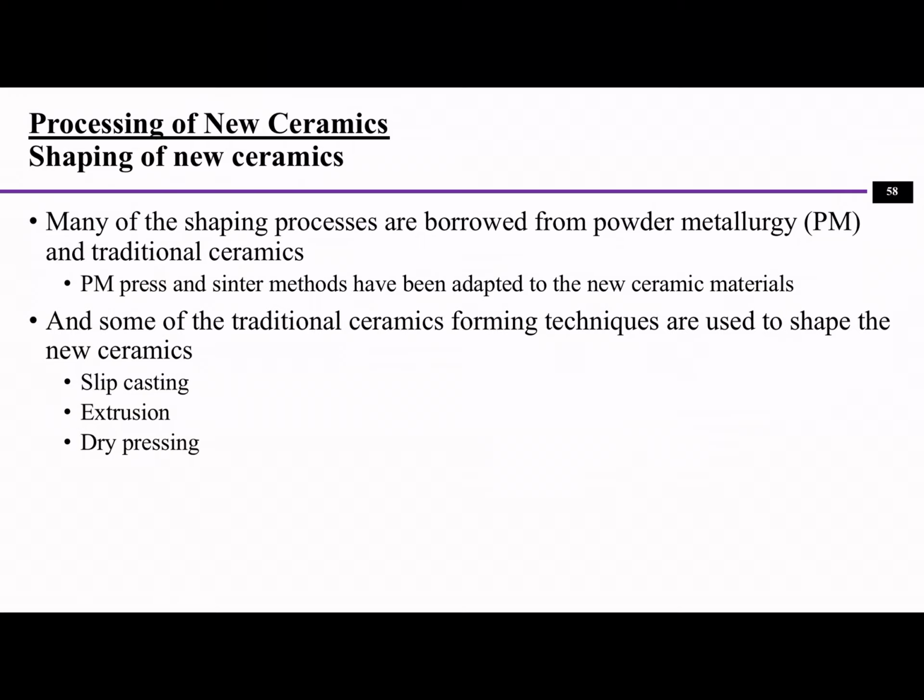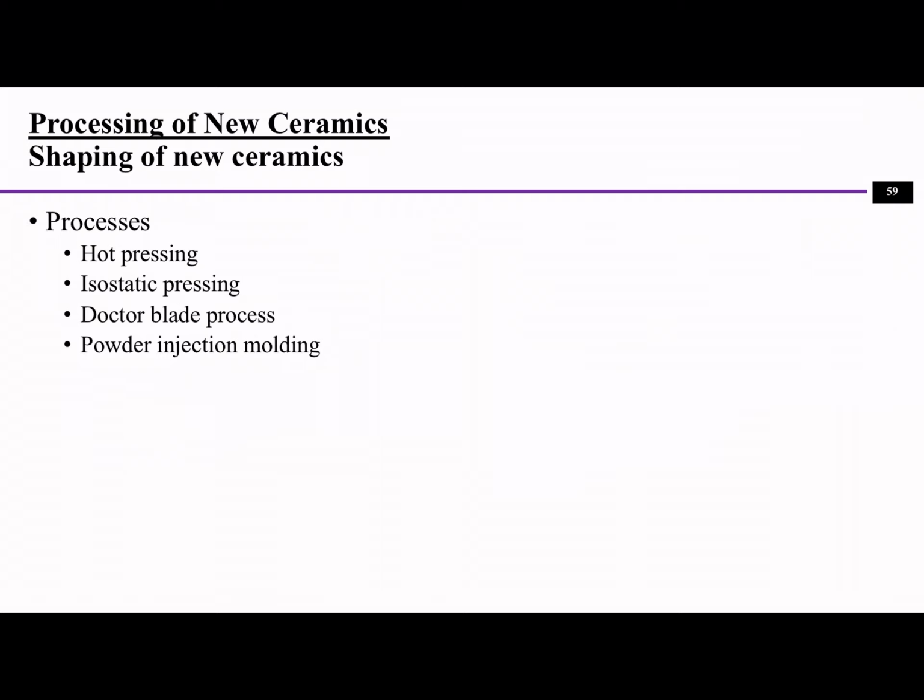Also, some traditional ceramics techniques can be applied to new ceramics manufacturing. For example, slip casting, which we just talked about, extrusion, and dry pressing also work for new ceramics. And some of the processes include hot pressing, isostatic pressing, the doctor blade process, and powder injection molding.